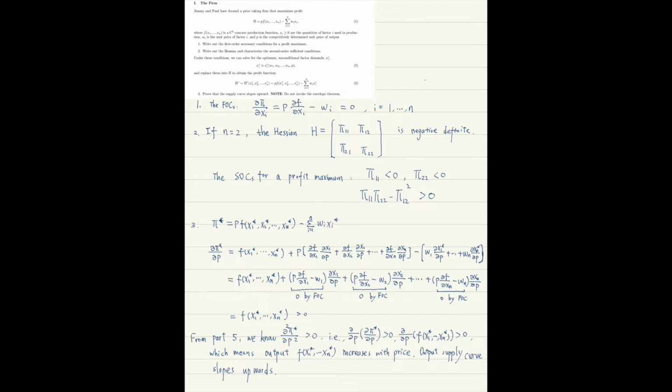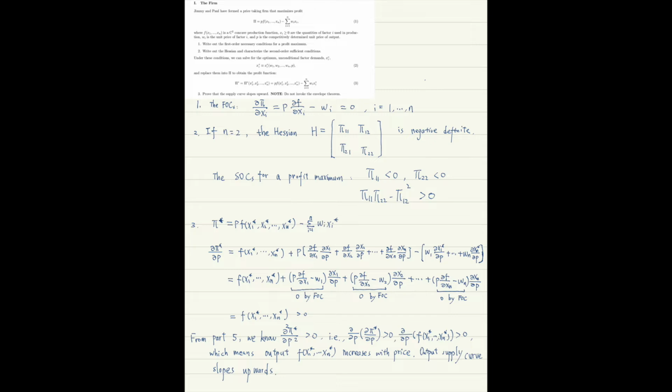For question 3, we need 2 steps to prove the output supply curve slopes upwards. The first step is to show that partial pi partial p is equal to output f, which is the first part of the Hotelling's lemma, and we have done this in the class.